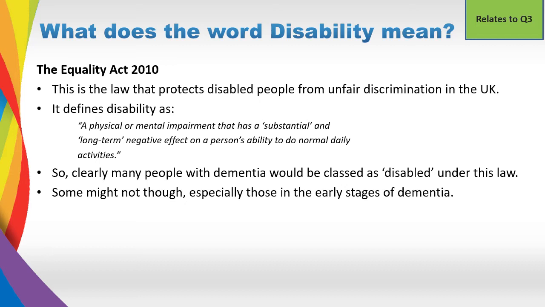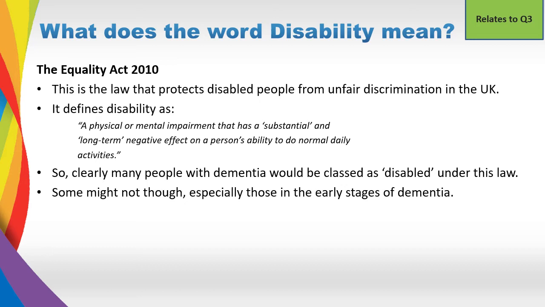So many people with dementia could be classed as disabled under this law because they will have a long-term, substantial negative effect on their ability to have normal daily activities, such as remembering to get a wash and get dressed every morning, such as putting the wash load on, having breakfast, having lunch and dinner at sensible times, sticking to times and routines, being able to get the bus.